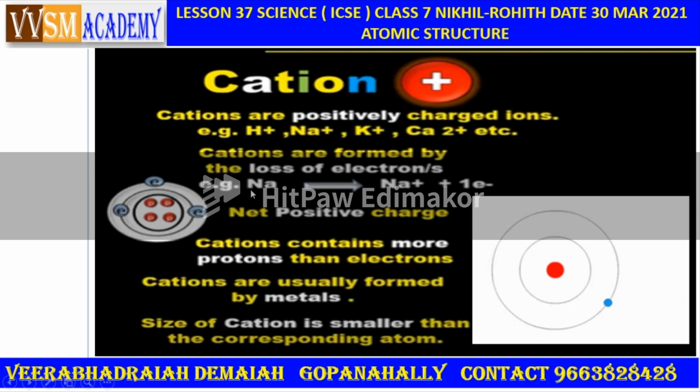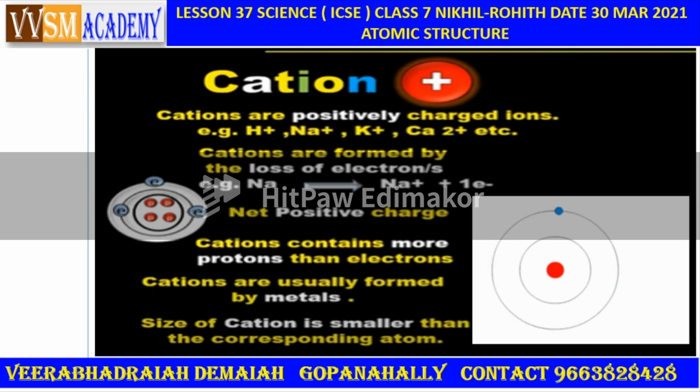Here sodium loses one electron and hence it becomes the monovalent sodium plus ion. The net positive charge: cations contain more protons than electrons. Cations are usually formed by metals. Generally, positive ions are formed only by metals. Metals will have their own metallic ions, which are cations.